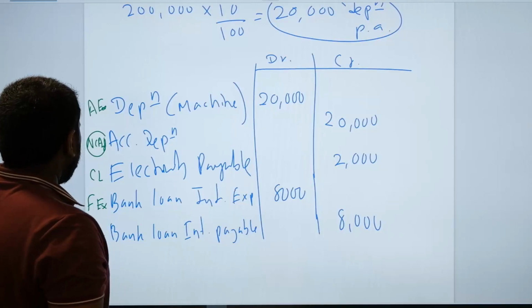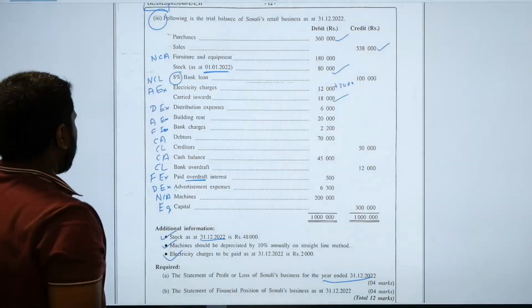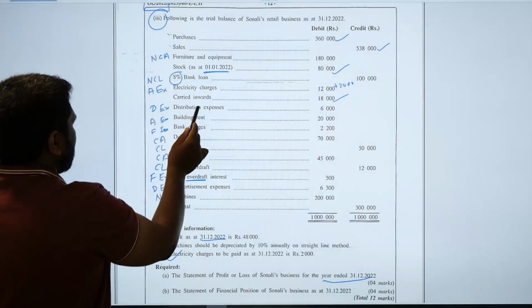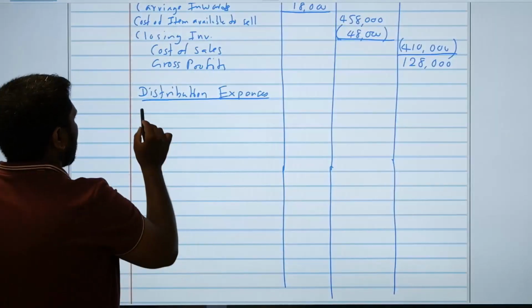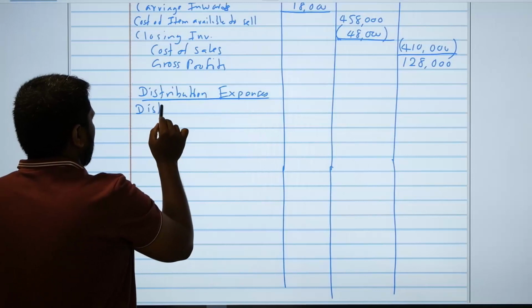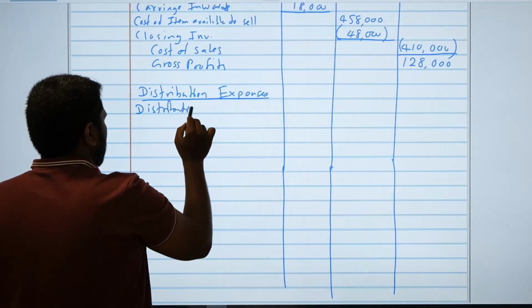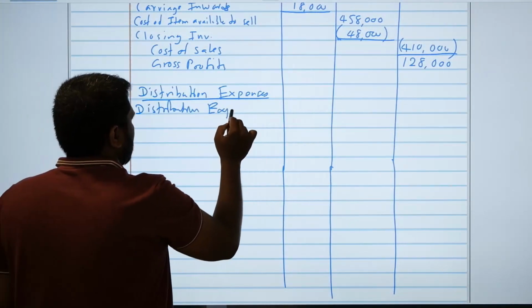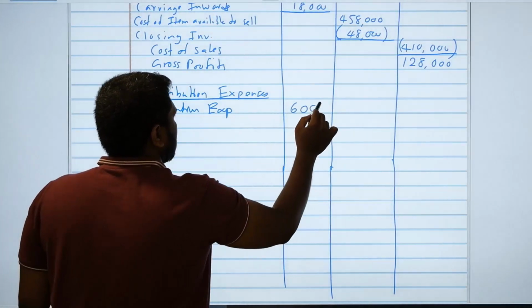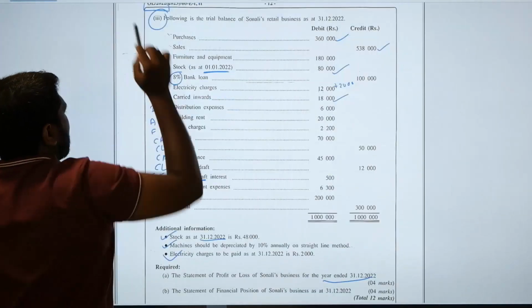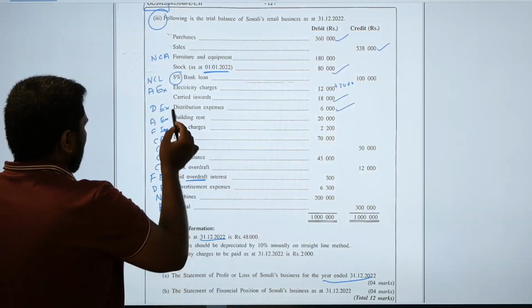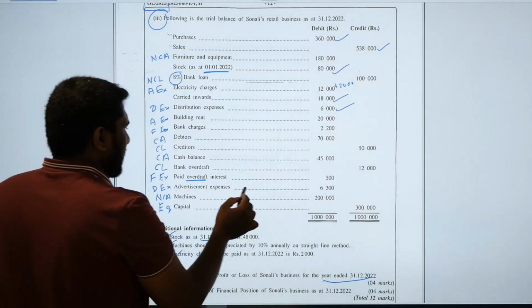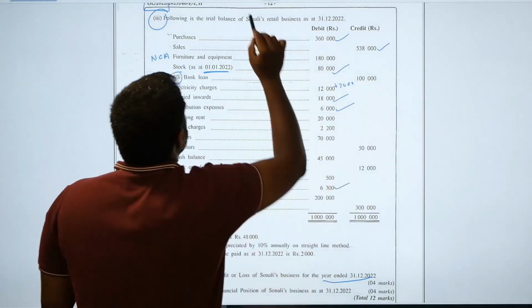So we have to take the distribution expenses. What are the distribution expenses that we have in this question? This is one distribution expense 6,000. Distribution expense 6,000. And advertising expense 6,300.